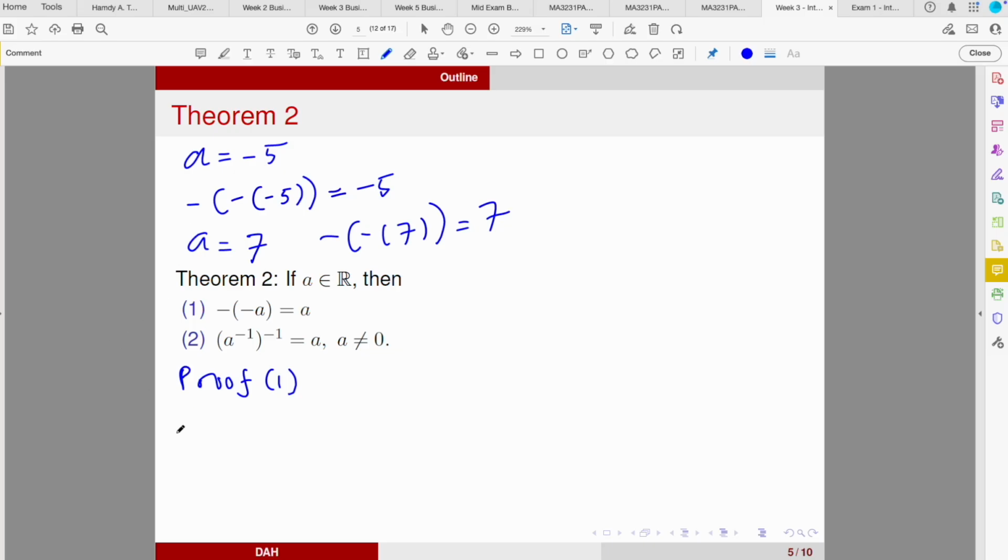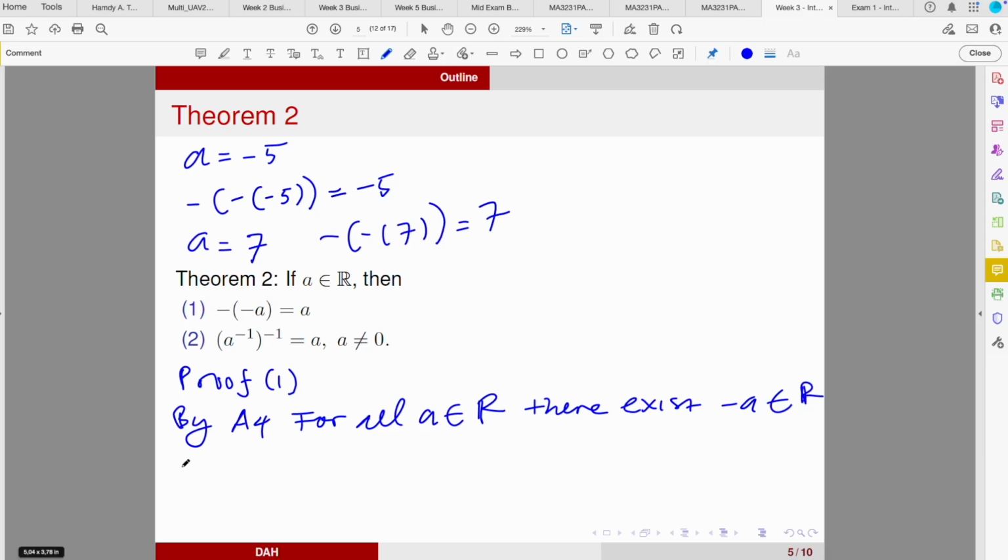By A4, for all A belonging to the real numbers, there exists minus A, also belonging to the real numbers, such that A plus minus A equal 0.